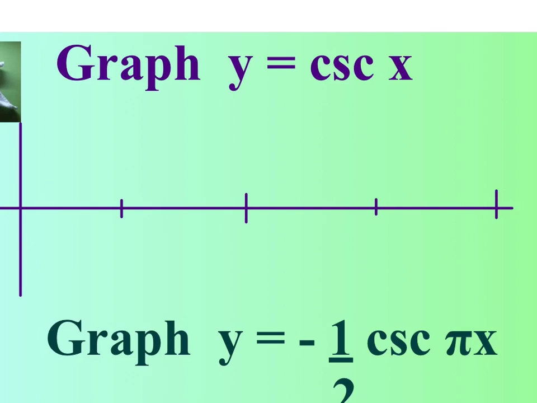All right, this one, as you might expect, I'm going to graph it writing on its sister's back again. The sister for cosecant is sine. So I'm going to start with sine, and then once I've got sine graphed, I'm going to go to cosecant.